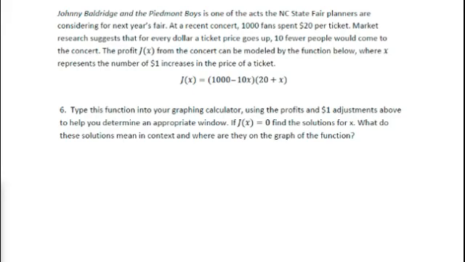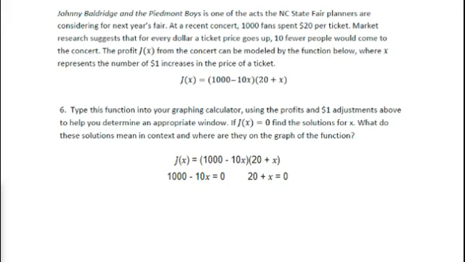And so going back to number 6 in your booklet, it asks you again to use your graphing calculator or Desmos to look at the graph, and then it asks you to find the solutions for x for the function when y is 0. We can see how we start with the original factored form of the function.